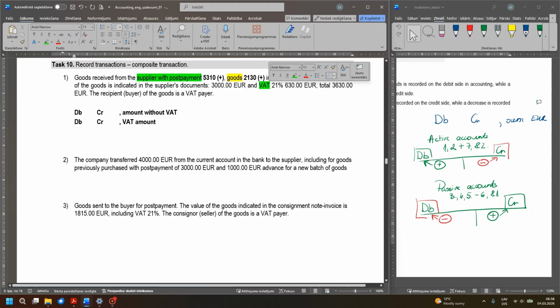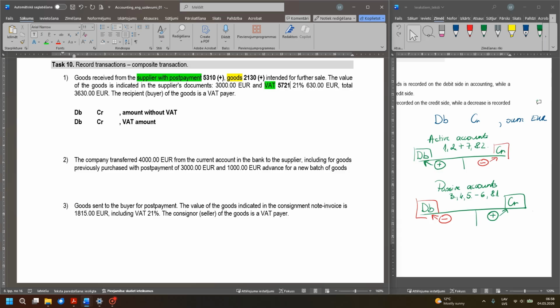So, the account number for this is 5721. And in this situation, when we get the goods, we will pay this value added tax to our supplier.